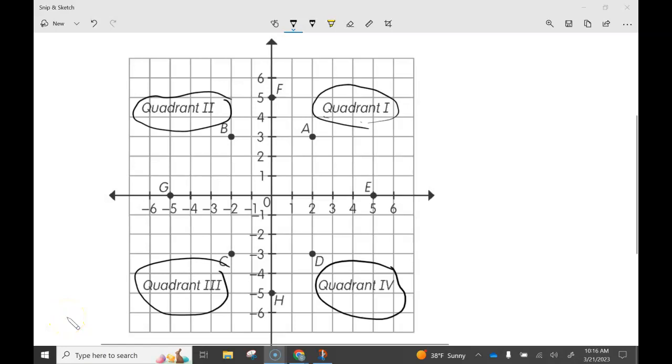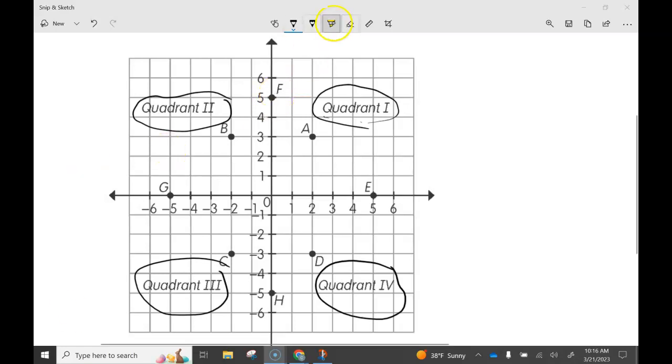Point C is in quadrant 3. Point D is in quadrant 4. And then E, once again on the x-axis, is lying in between quadrants 1 and 4. So quadrants 1, 2, 3, 4 go from the right to the left and down. We could even say counterclockwise as far as the quadrants go.